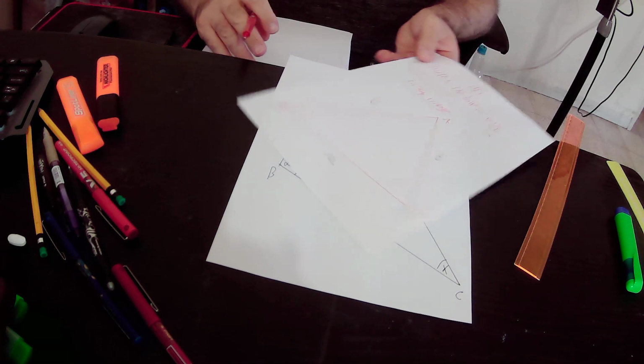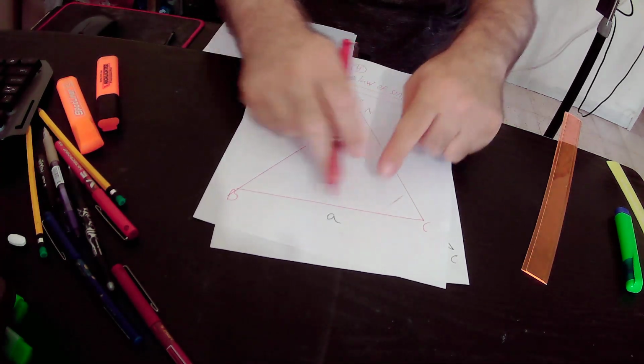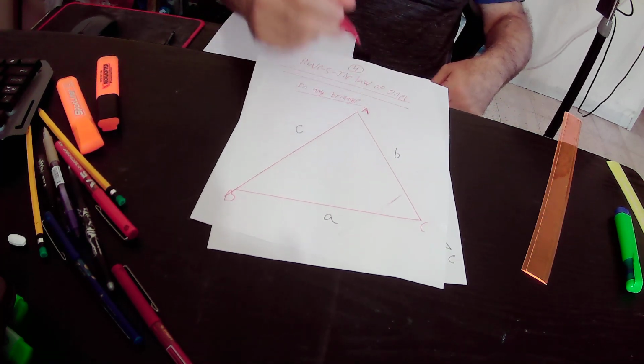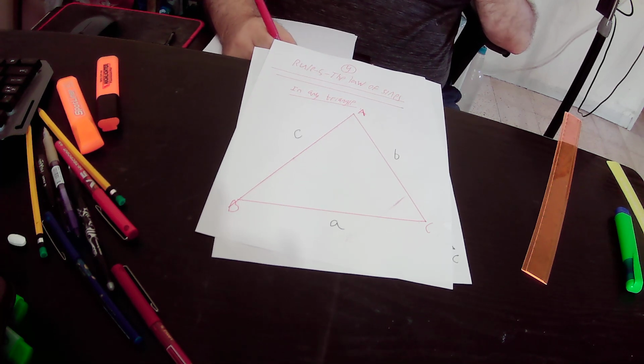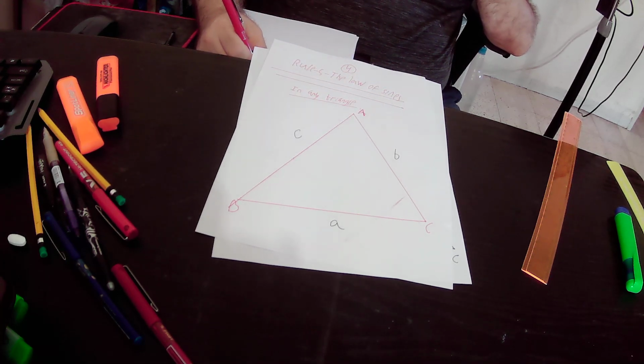According to the law of sines, A over sine A equals B over sine B equals C over sine C.